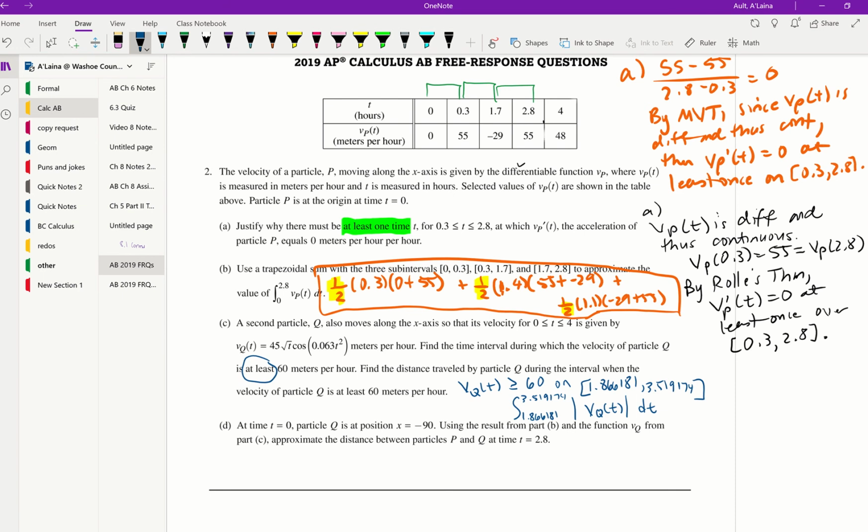Then we would put this into the calculator, and we would get around 106.109 meters. In word problems, you should put those labels in there for the units.